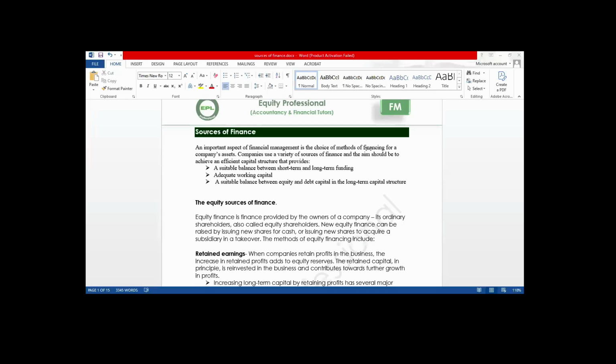It means you cannot go to this exam without a good understanding of the sources of finance.